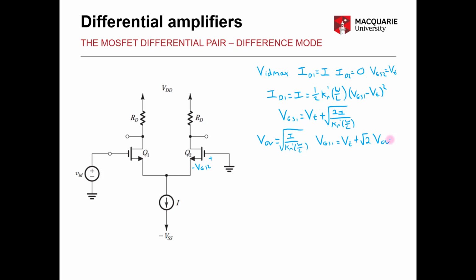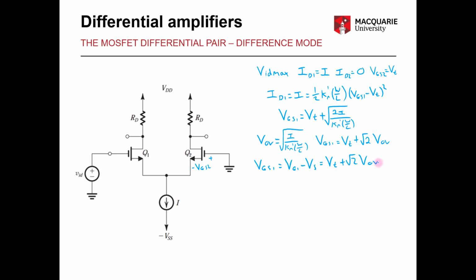So we want to get this expression in terms of VID, and we know from our circuit that VID is equal to VG1. So let's split up our term here. VGS1 can also be written as VG1 minus VS, which is equal to VT plus root 2 VOV.